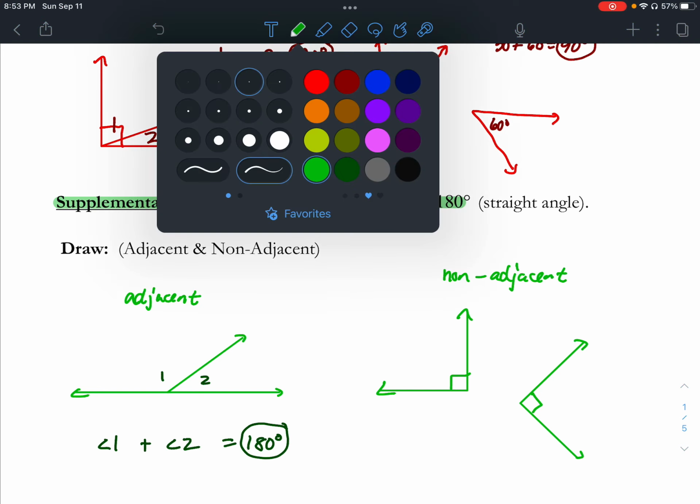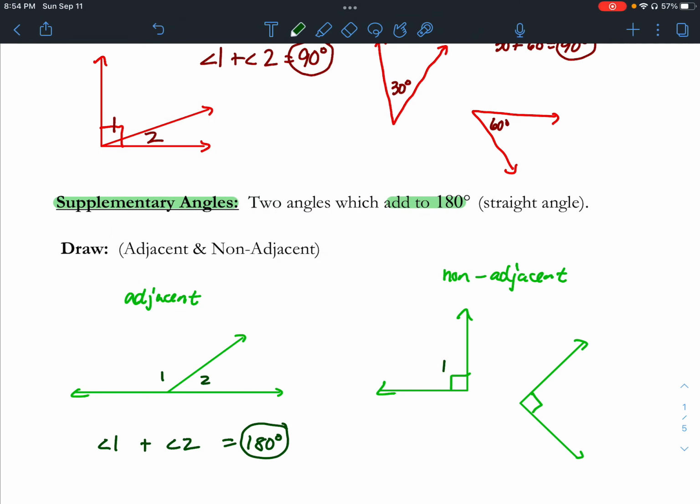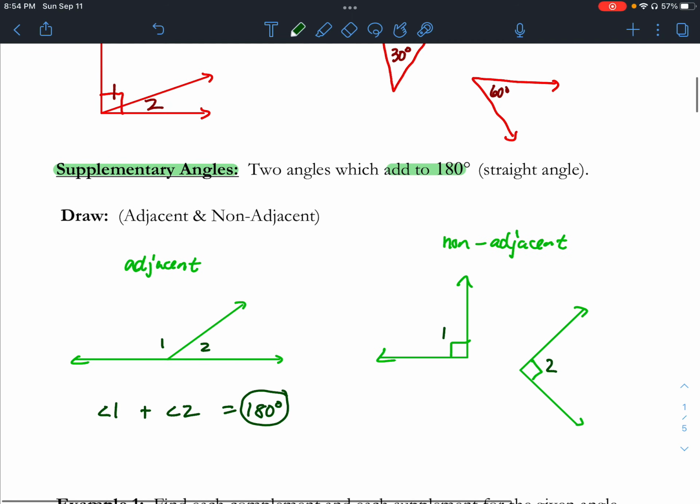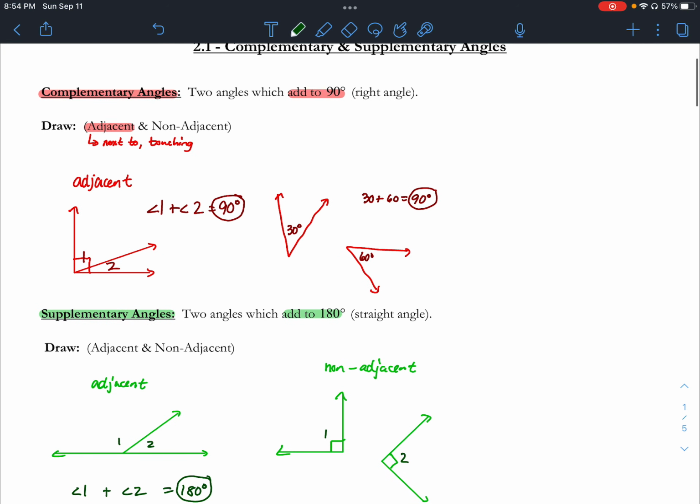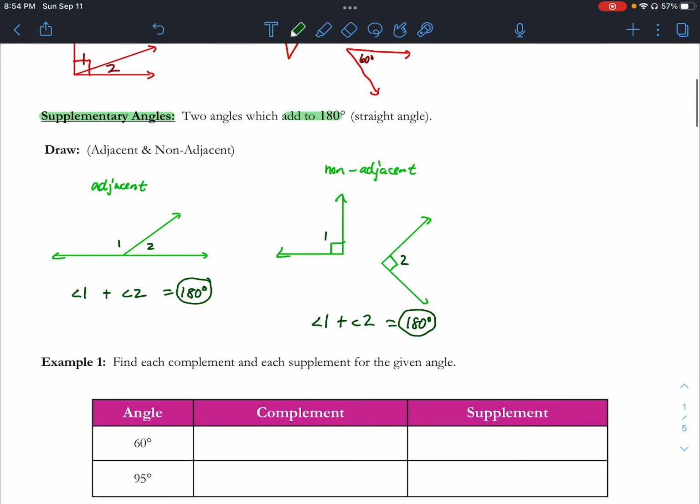And if we gave these little angle measurements, for example angle 1 and angle 2, we'd still see that angle 1 plus angle 2, or 90 plus 90, should again give me 180 degrees. So the new vocabulary words we're really looking at are complementary, they add up to 90, and supplementary, they add up to 180.